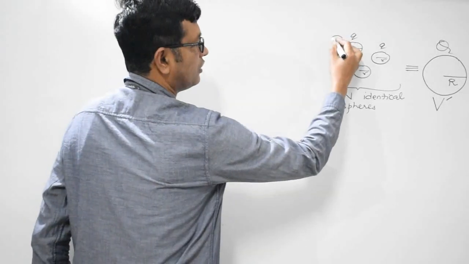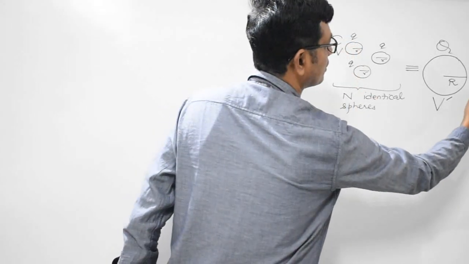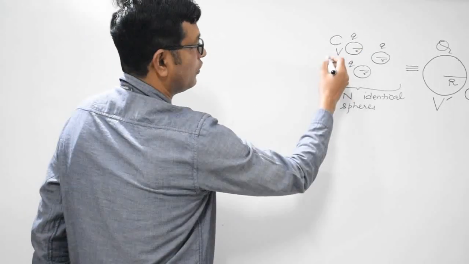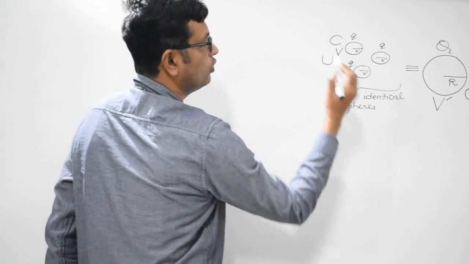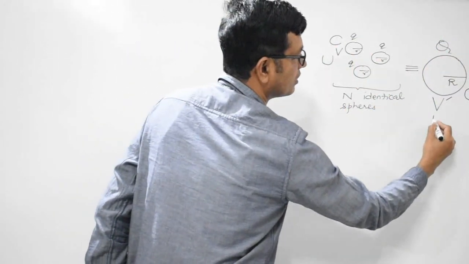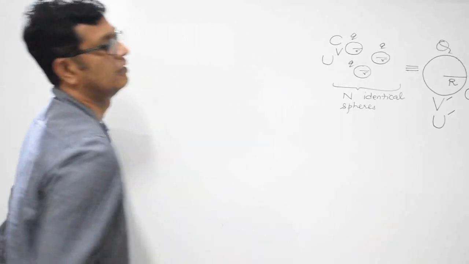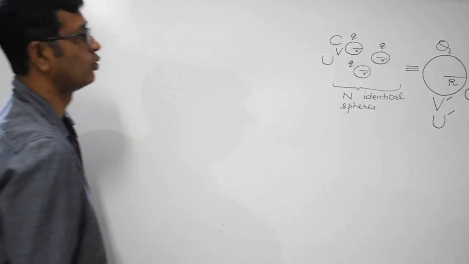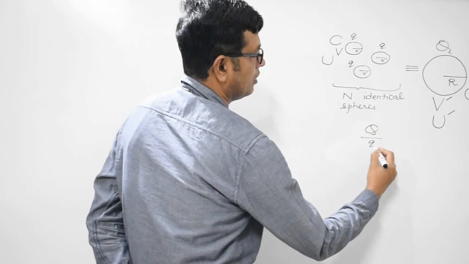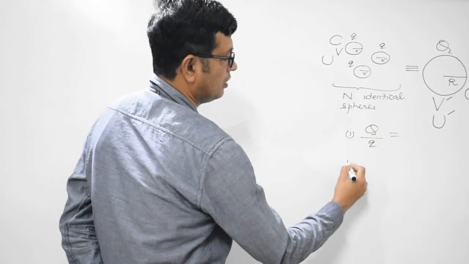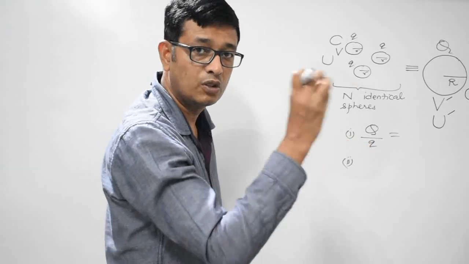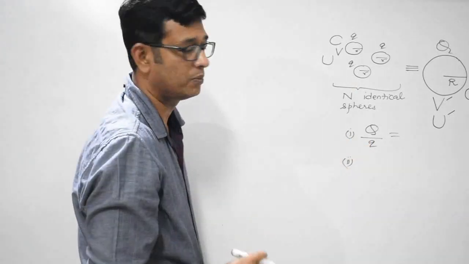Capacitance is C of each small spherical drop. Here the capacitance is, suppose, C dash. The energy of this small spherical drop is U, and the energy of the big drop obtained by the combination of these identical drops is, suppose, U dash. Understood now? So we need to find out, first, the ratio of the charge contained in the big drop to the charge contained in the small drop, right?